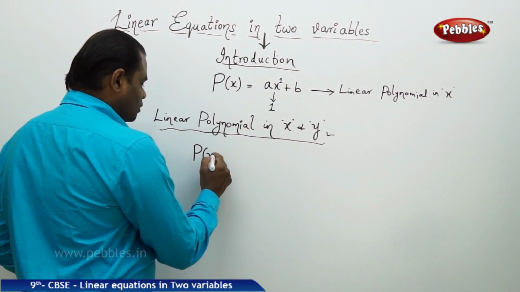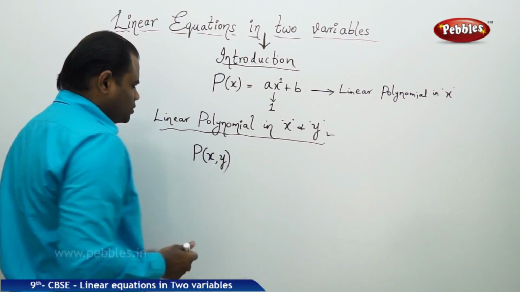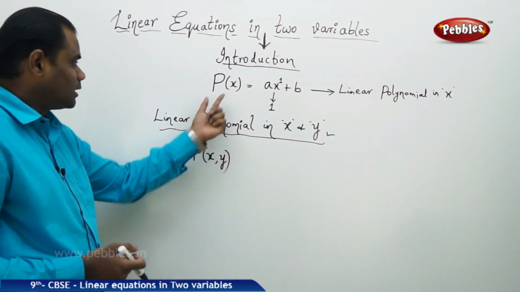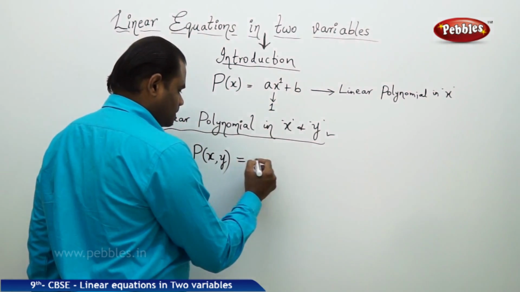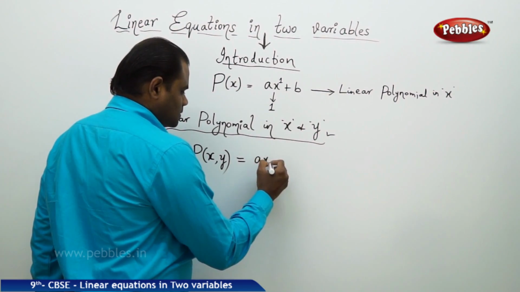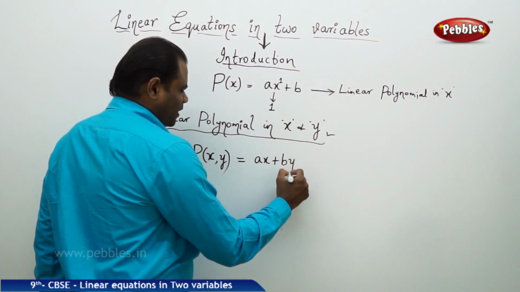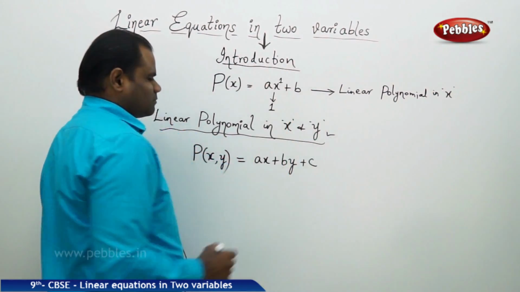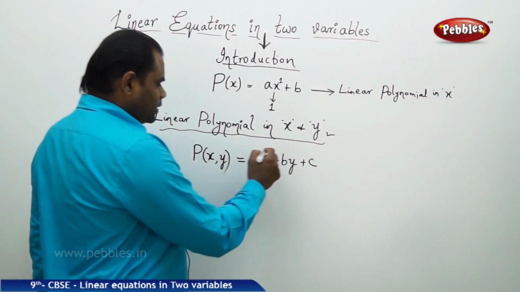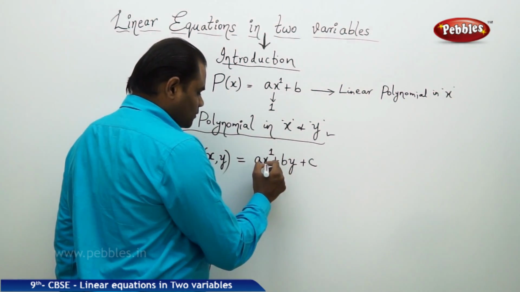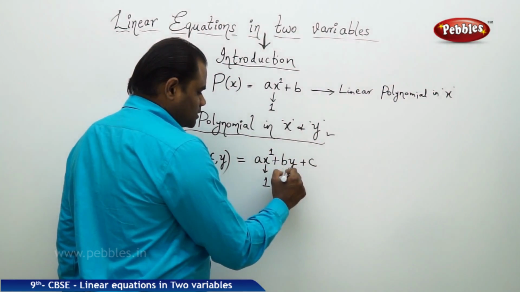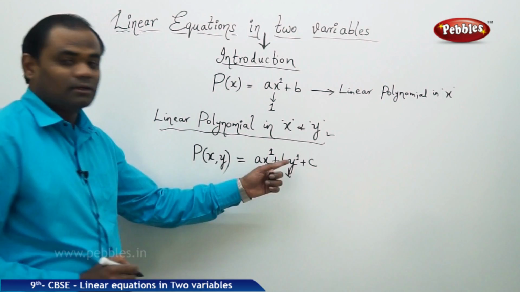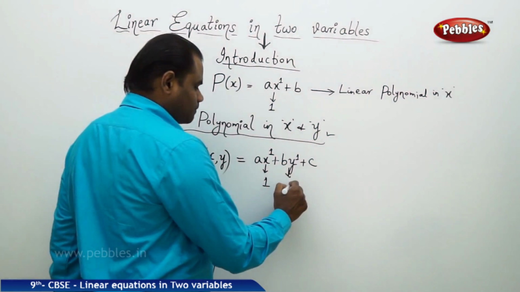So a linear polynomial in two variables x and y, unlike the one variable x, is defined to be ax plus by plus c, because each of the terms has degree 1, with variable x being degree 1 and this term equally having the degree as 1.